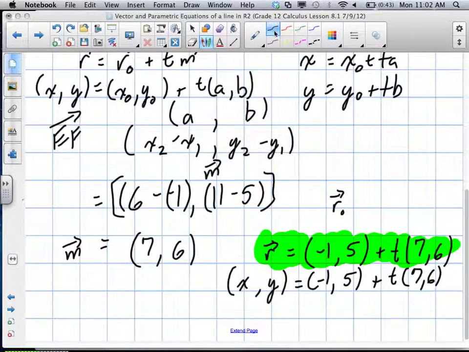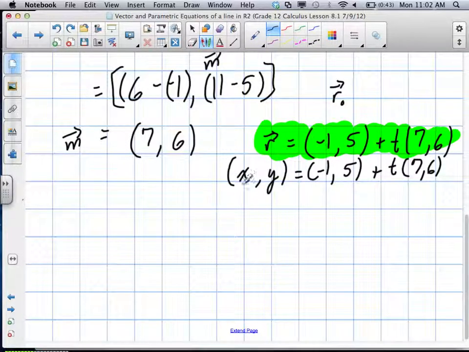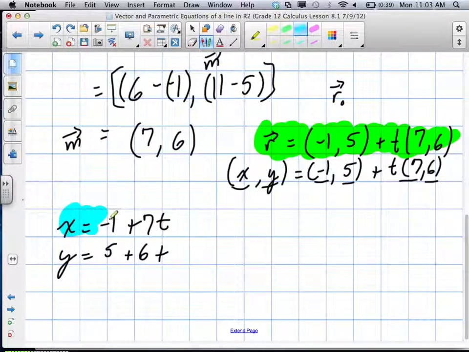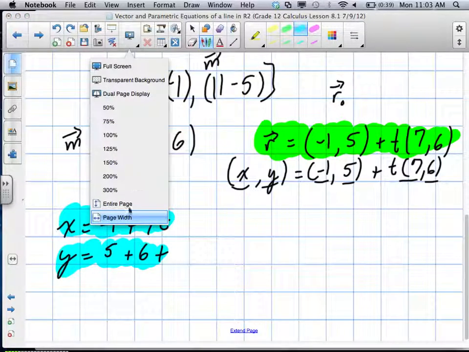Our parametric form, we then take x is equal to -1 plus 7t, and our y value, y is equal to 5 plus 6t. And these will be our parametric forms of the equation. So that's part A of the question. We found our vector form and parametric form for the equation.